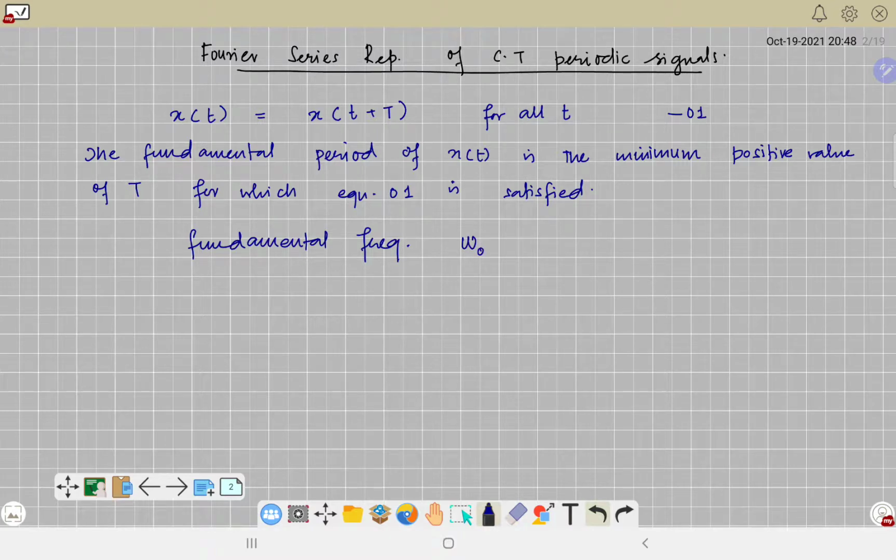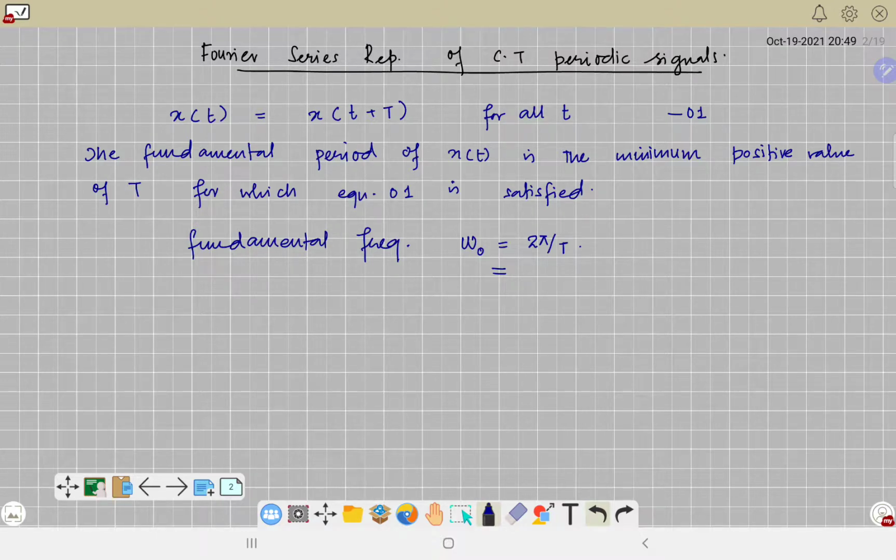We'll be defining it as omega naught, and this is simply 2 pi by T. Right? So we have the concept of fundamental period as the minimum positive value of the time period T for which the signal repeats, and then it is related to this frequency through this relationship.